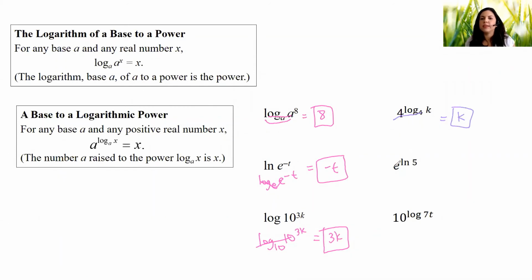This just simplifies to k. e to the natural log. Again, natural log is base e, which means those just cancel out. That's 5. 10 to log. Again, 10 to the power of log base 10 of 7t cancels out. This is just 7t. So just some shortcuts that are really going to help us as we are simplifying some of these expressions.